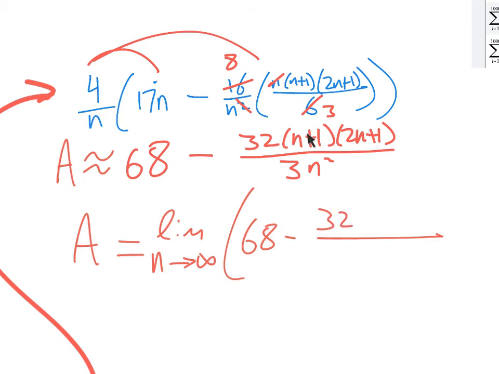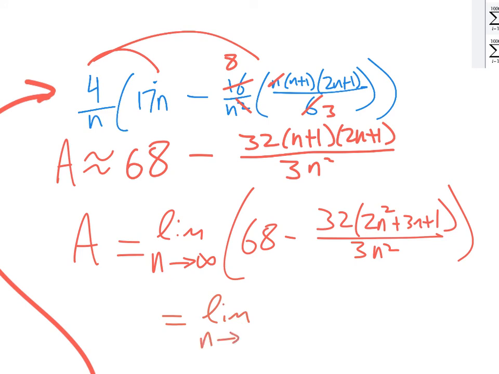Let me go ahead and do a little more work because this will be helpful. Let's multiply this out. We distribute that stuff, and it comes out to be 2n squared plus 3n plus 1. Okay, we're getting close. We're almost there. A lot of algebra going on. Okay, and we're about ready to take our limit.